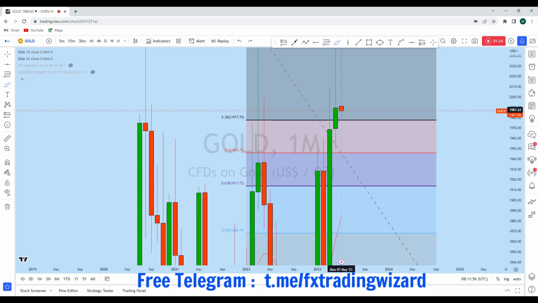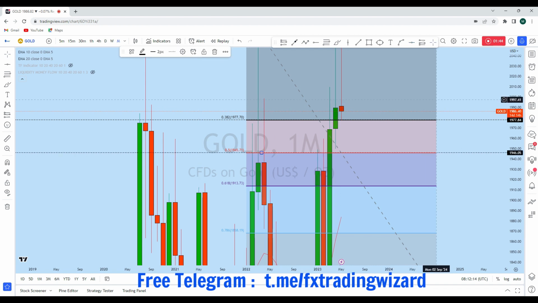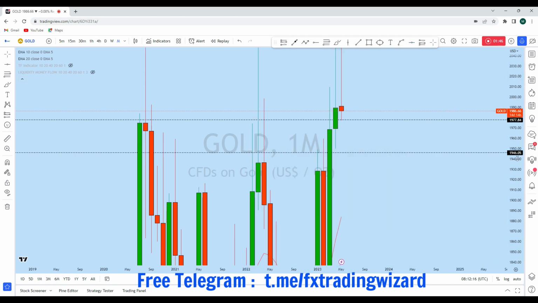We could even see a break of this level to 50%, which is also below the previous monthly low, where there is huge liquidity. So we can expect an initial break of this level, and possibly a break of this low further to the downside to the 50% Fibonacci level from the monthly perspective.